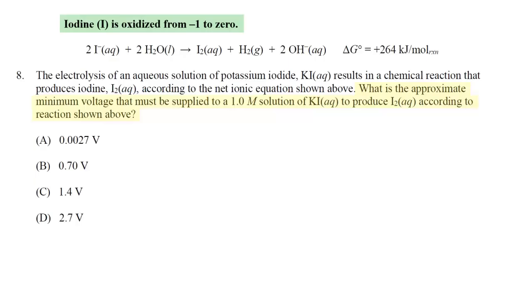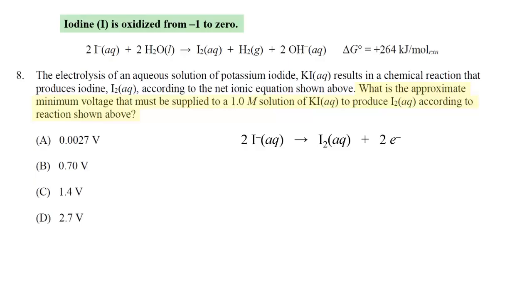So because iodine is changing from -1 to 0, that means that iodine is being oxidized in this reaction. What would the half reaction look like if I have 2I- changing to I2? Well, since oxidation involves the loss of electrons, I would have to put 2 moles of electrons on the right side of the equation to balance the overall charge as iodine is changing from -1 to 0. So that would be the half reaction involving iodine.